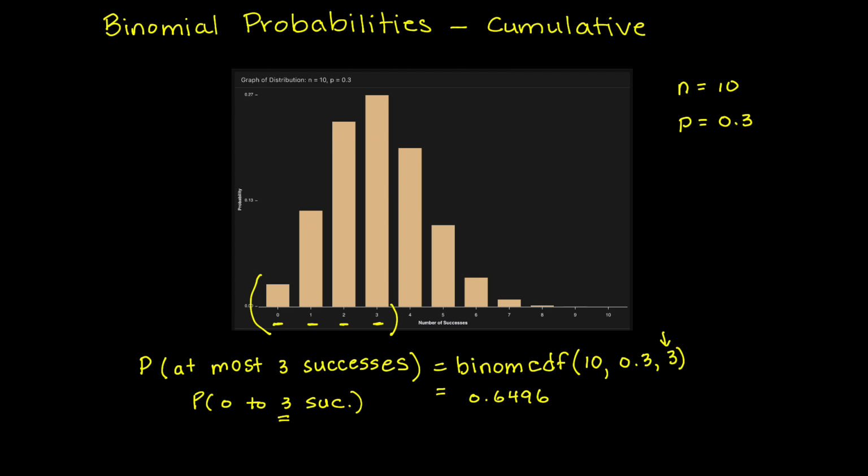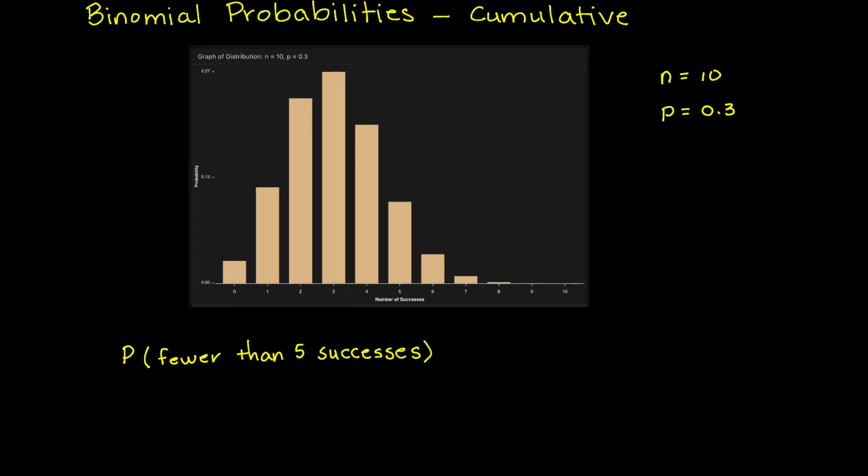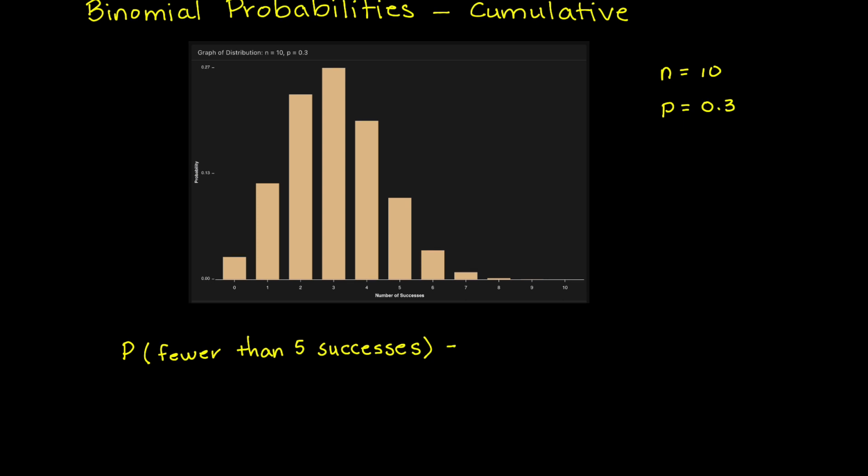Now let's take a look at another situation. Here I want to calculate the probability of fewer than 5 successes. So I start off by saying, well, how many is that? That could be 0, or 1, or 2, or 3, or 4. Fewer than 5 can't include 5, so we're going to just add up those 5 probabilities.